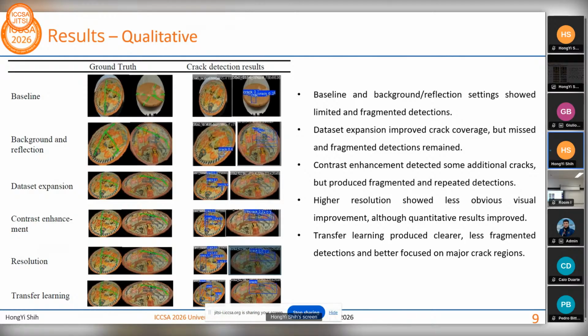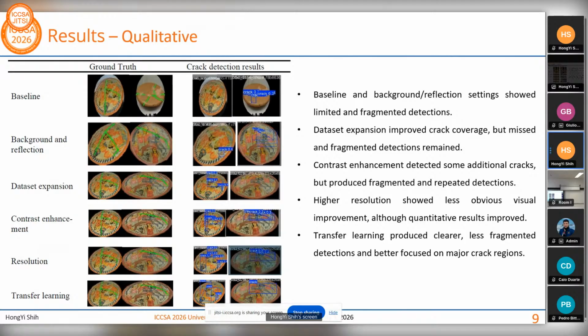The detection still remains somewhat fragmented. However, compared with contrast enhancement, the quantitative results show higher recall and mean average precision. So it seems that although higher resolution improved overall performance across the test set, visual complexity continues to affect the consistency of crack detection.